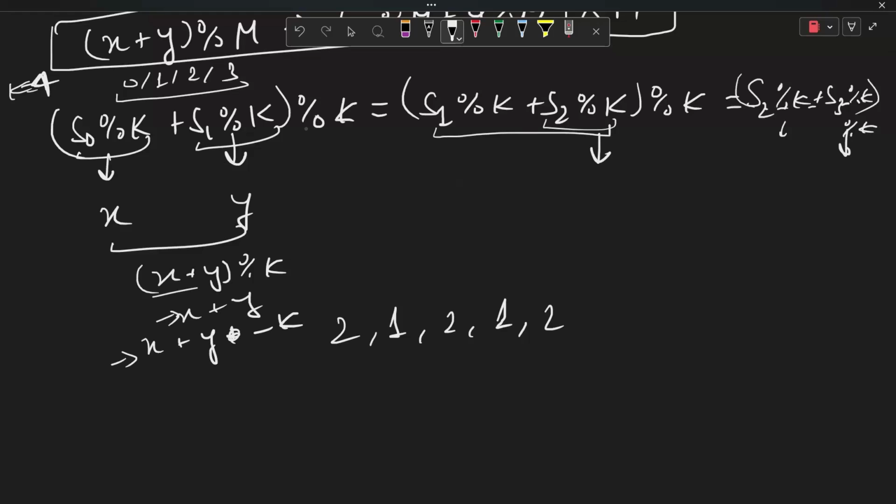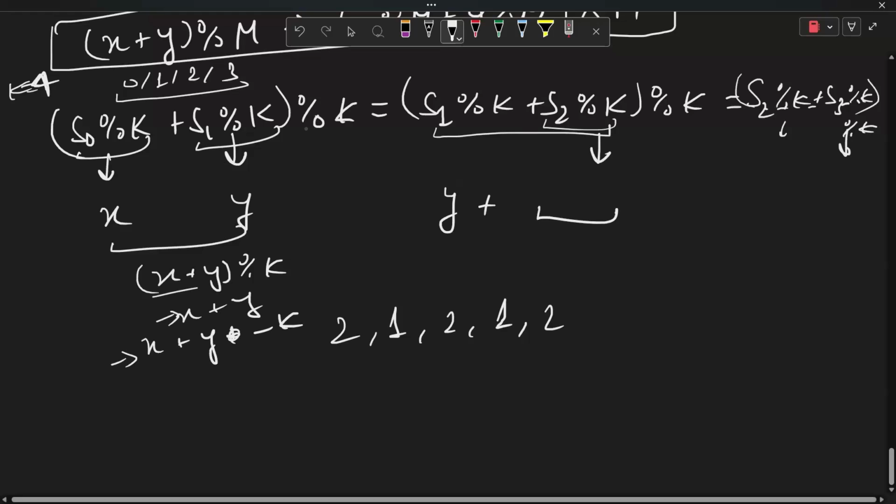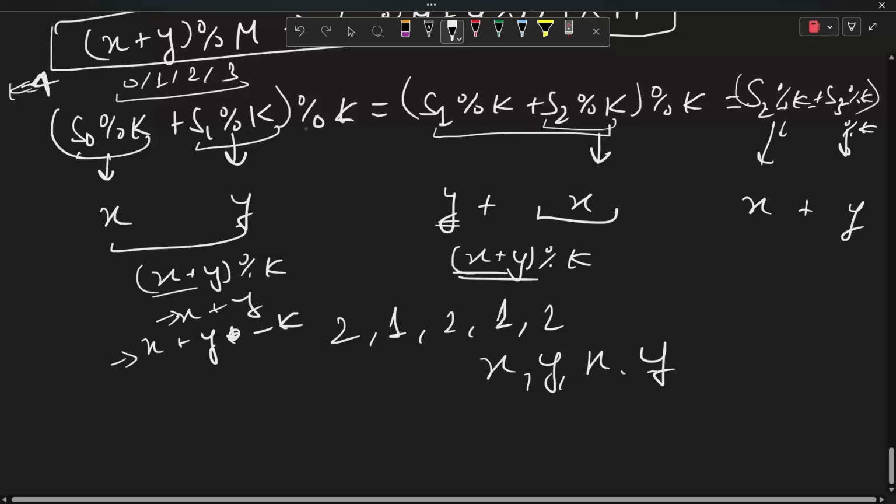Now, S1 is definitely y. Y plus what is going to make you x plus y mod k? It's definitely y plus x. And then if S2 is x, then x plus what is going to make x plus y mod k? Definitely y. So you can prove that you would have an xy sequence.